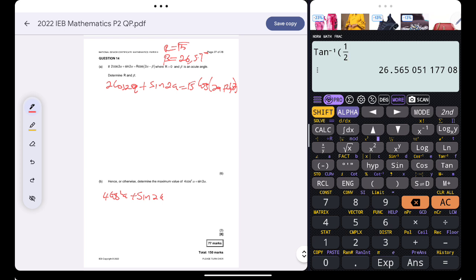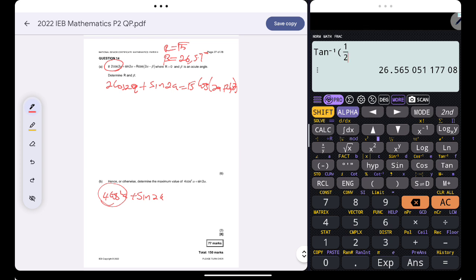If they say hence, it simply means I must try to use what was given to me previously. How can I make this look like that?